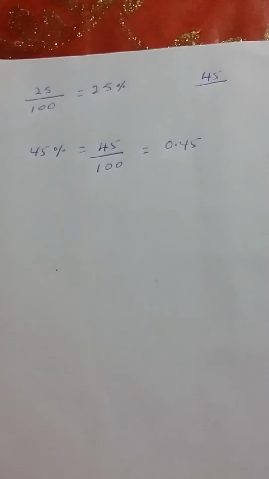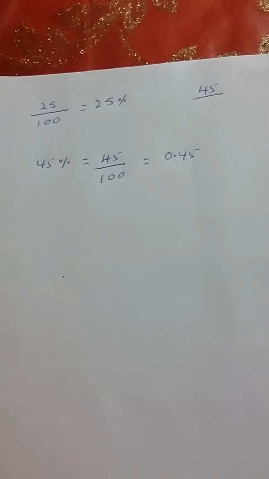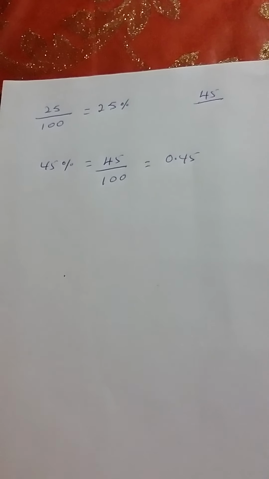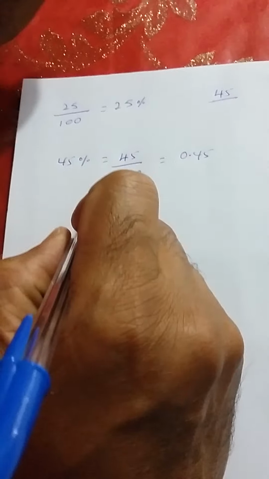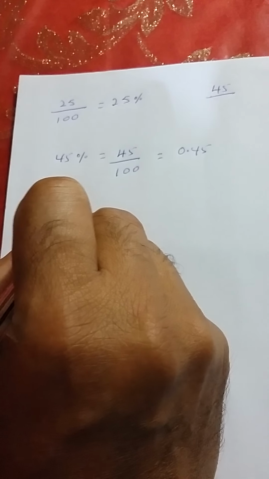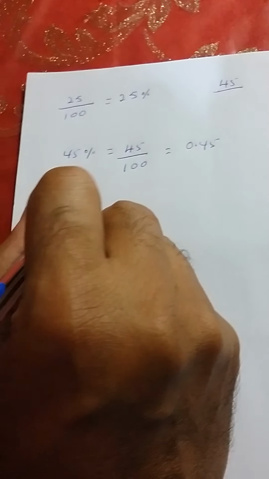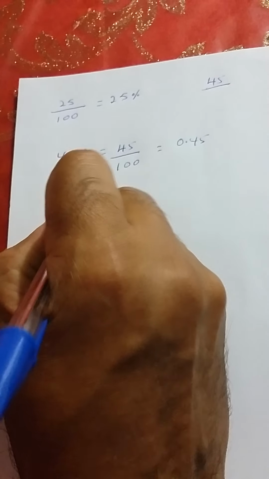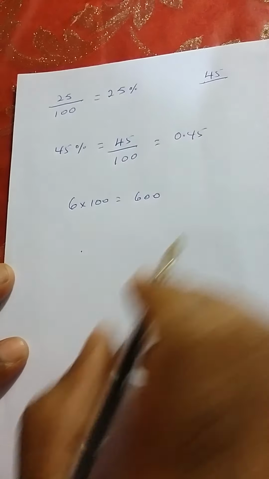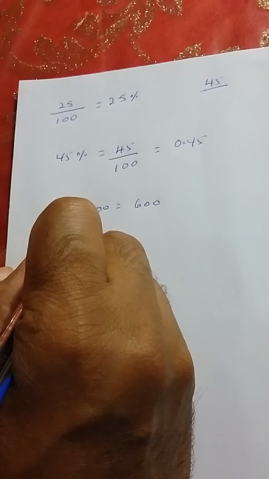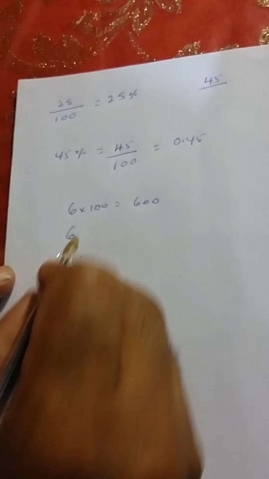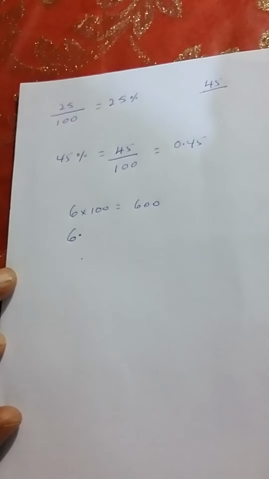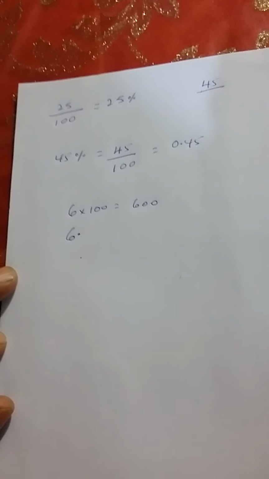Before we get on to today's task, I want to teach you a quick skill in mathematics, and that is when we are multiplying by 100. If we have 6 times 100, we know the answer is 600. The skill is this: if we have 6, the decimal point is understood to be to the right of the whole number.